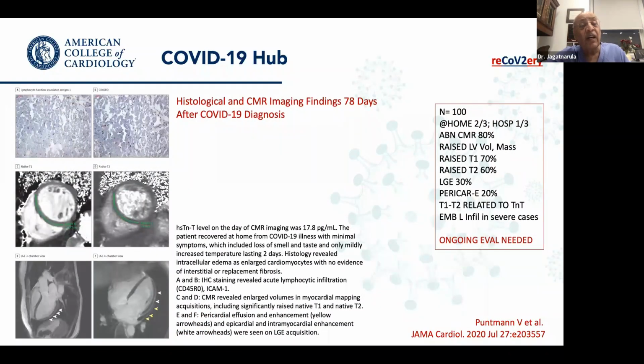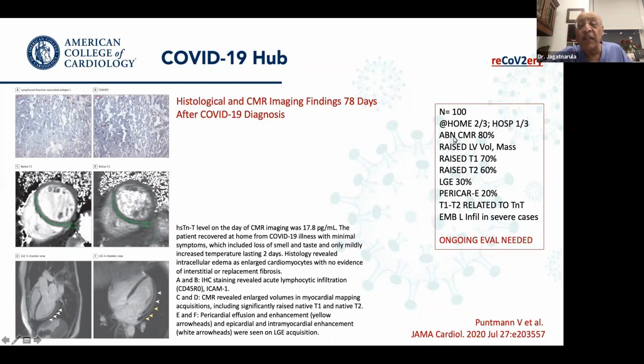Now, there are two other important features that I would like to highlight. One is what exactly happens after the COVID infection is gone. This is one of the reports which came from Dr. Valentina Puntman and Dr. Eike Nagel from Frankfurt, a CMR study in subjects who had their COVID infection resolved, or who had recovered from the COVID infection.